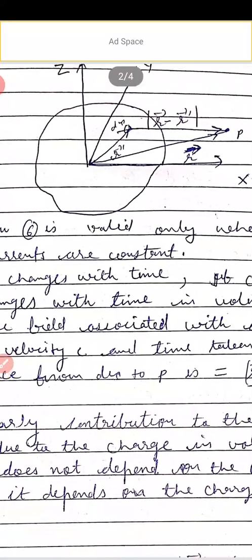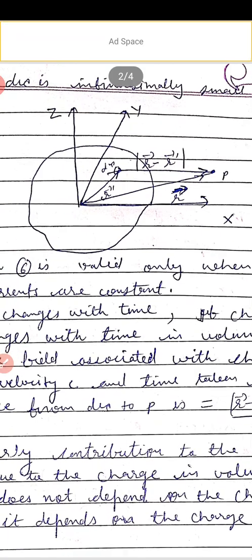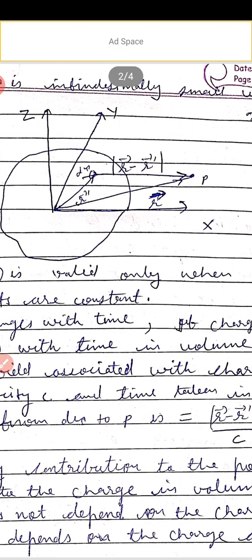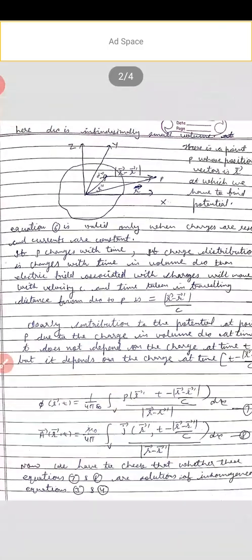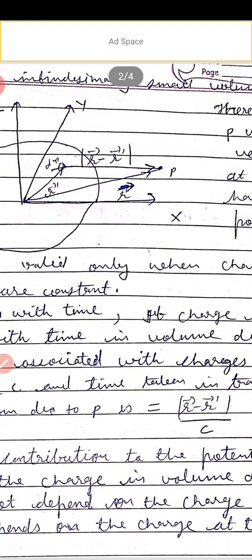and this is represented in this diagram. d tau is an infinitesimally small volume, and its position vector is r dash. Here P is a point whose position vector is r, at which we have to find the potential.